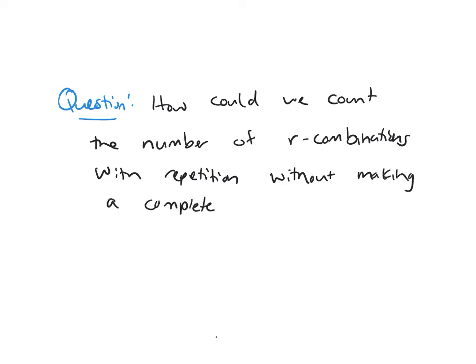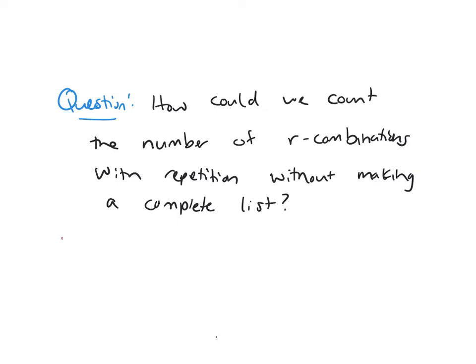So even for our last example, the list kind of got long. We had 20 of them, but what if we had a whole lot of elements? We don't want to write a list every time.